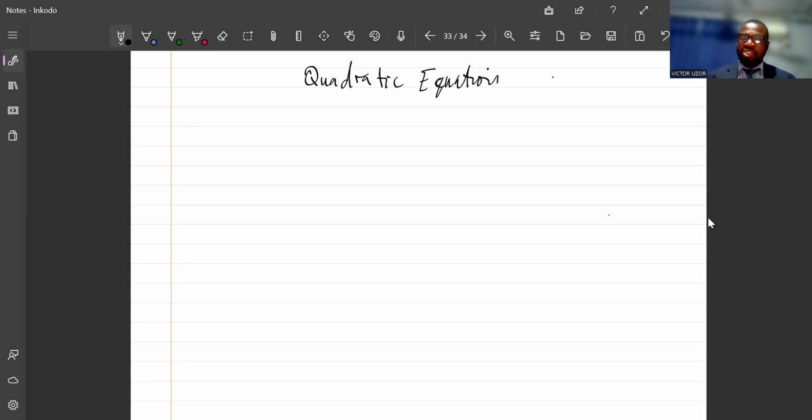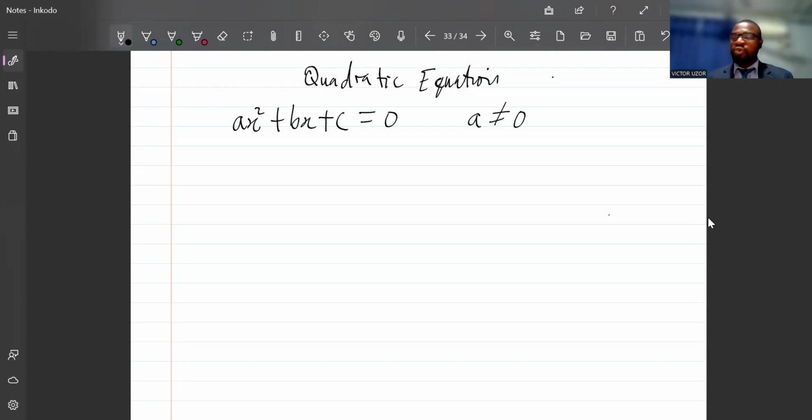A quadratic equation is an expression in the form ax squared plus bx plus c equals 0. This is the general format of a quadratic equation, where a is not equal to 0. So if a is not equal to 0, a quadratic equation can be ax squared plus bx equals 0, meaning that c is 0 in this one.